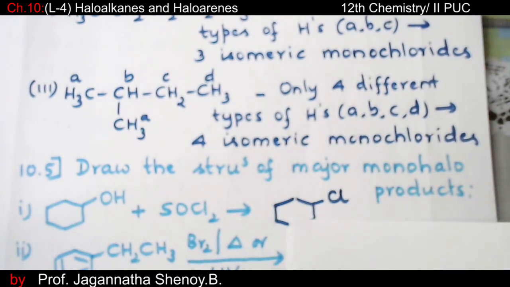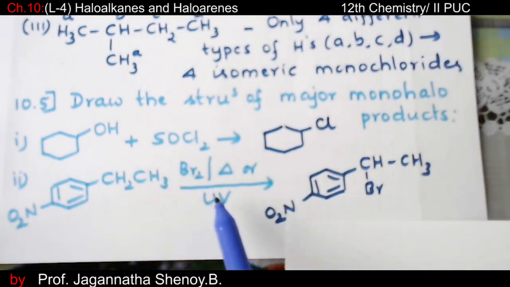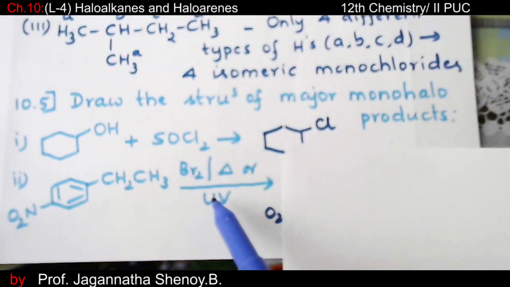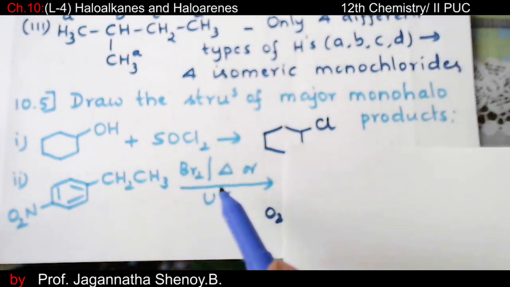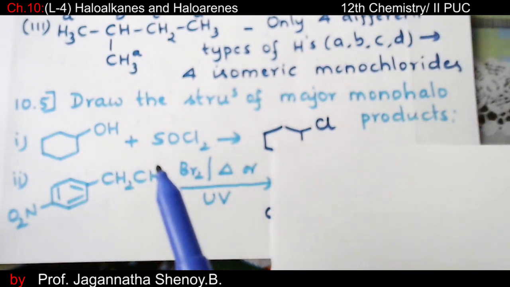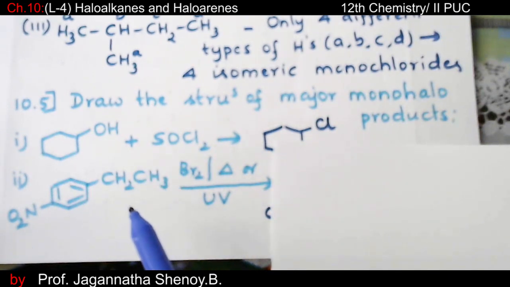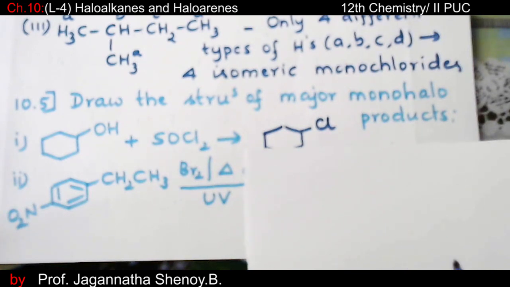Let's go for the second one. In the second case, we make use of bromine. We are going to heat it or use UV. When we heat it or use UV, free radical substitution reaction takes place. Now the question here is, which is the most stable free radical that is formed?